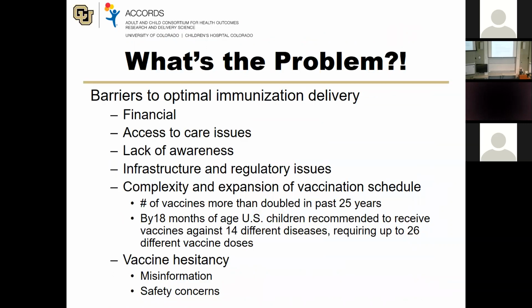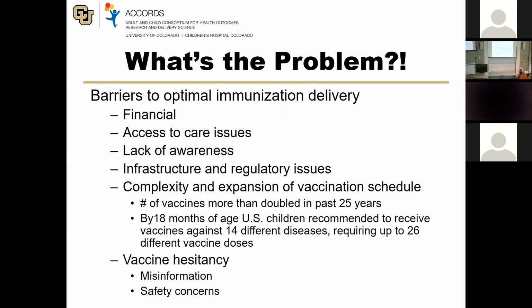So what is the problem here? We have an incredibly evidence-based approach. Why can't we get our vaccine rates up to 100%? Lots of issues, and I and many other colleagues in immunization delivery work have examined many of these issues. Our job is to figure out why things are not being implemented and disseminated.